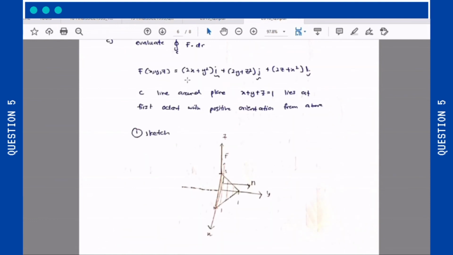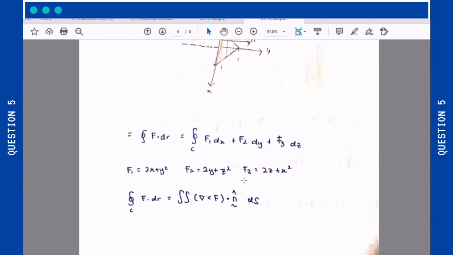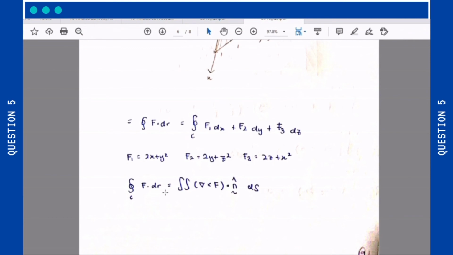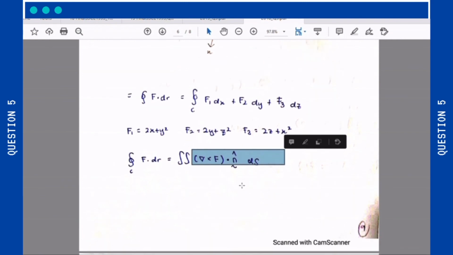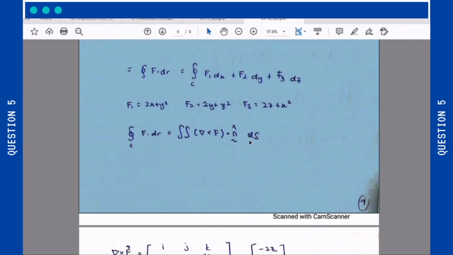We also know the formula is the same as function 1, function 2, function 3, which is given: f1 is equal to 2x plus y squared, f2 is equal to y plus z squared, f3 is equal to 2z plus x squared. And now we just need to find the integral of F dot dr, which is also equal to the curl of F dotted with the n vector times dS.